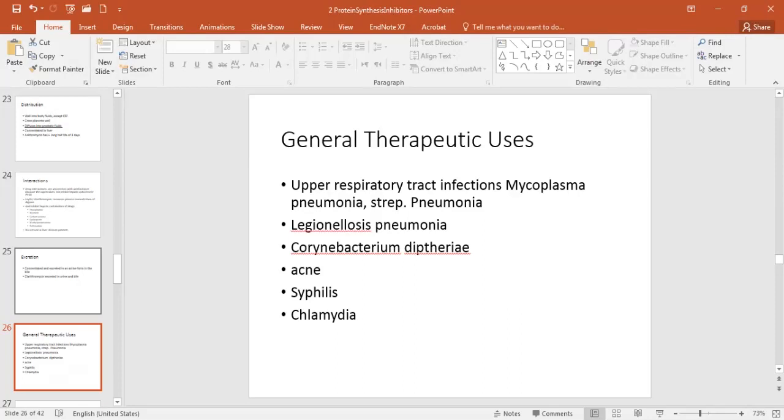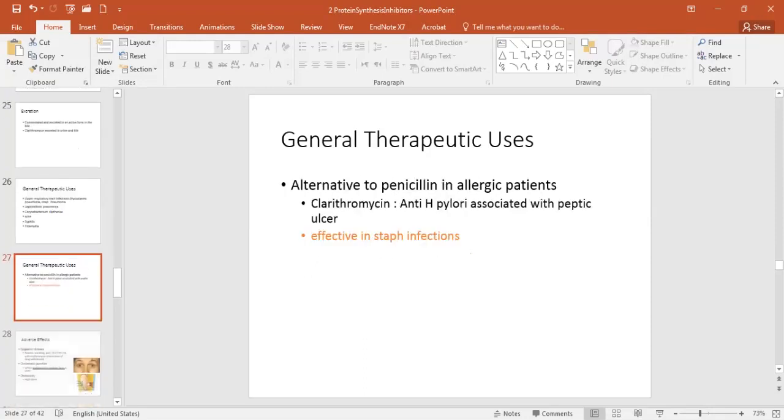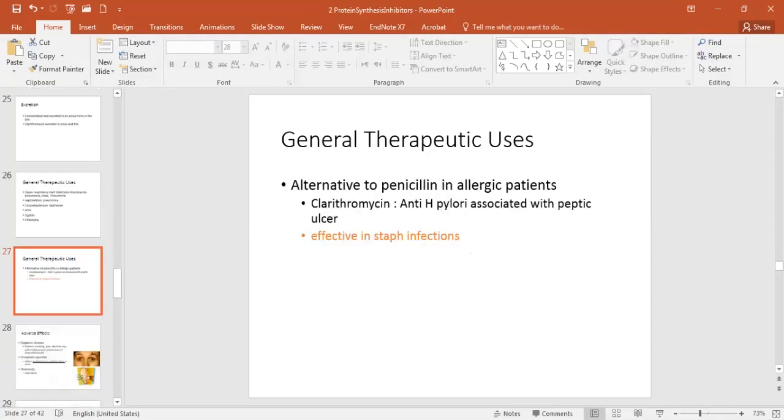Acne, حب الشباب, as we said before, syphilis, a sexually transmitted disease or STD, and chlamydia. It is an alternative to penicillin in allergic patients. هو السبكترم مال الماكرولايز كلش شبيه وقريب من البنسلينز.